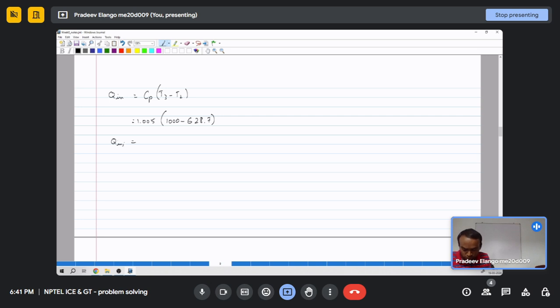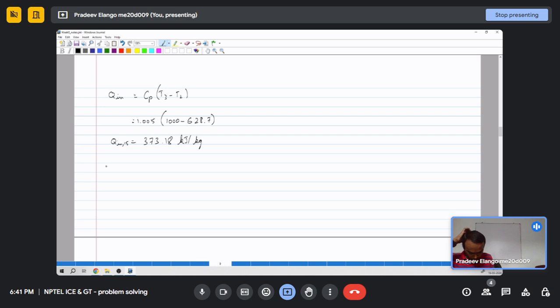So this is Q in for pressure ratio 15. Sir, it's 373.18 kilojoule per kilogram.